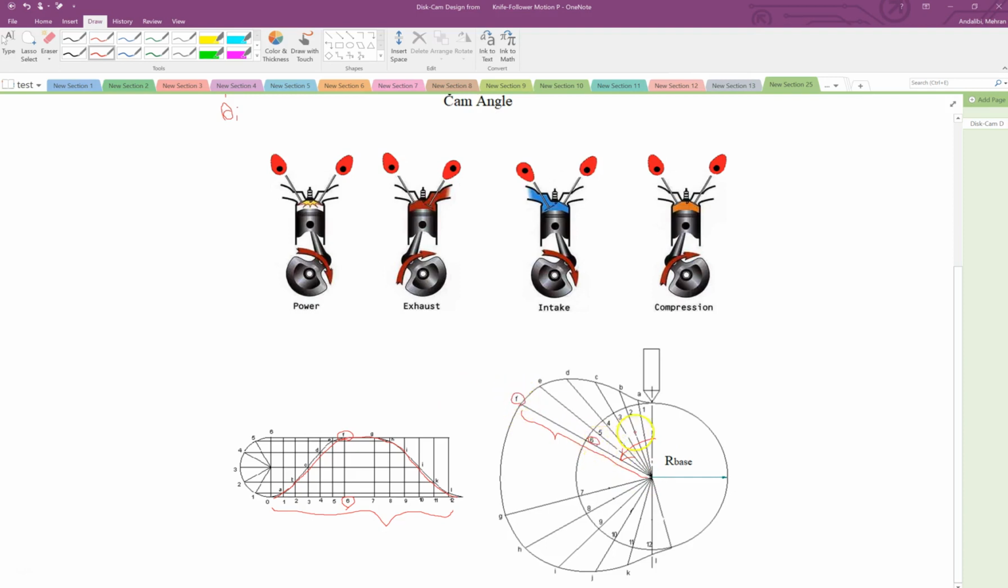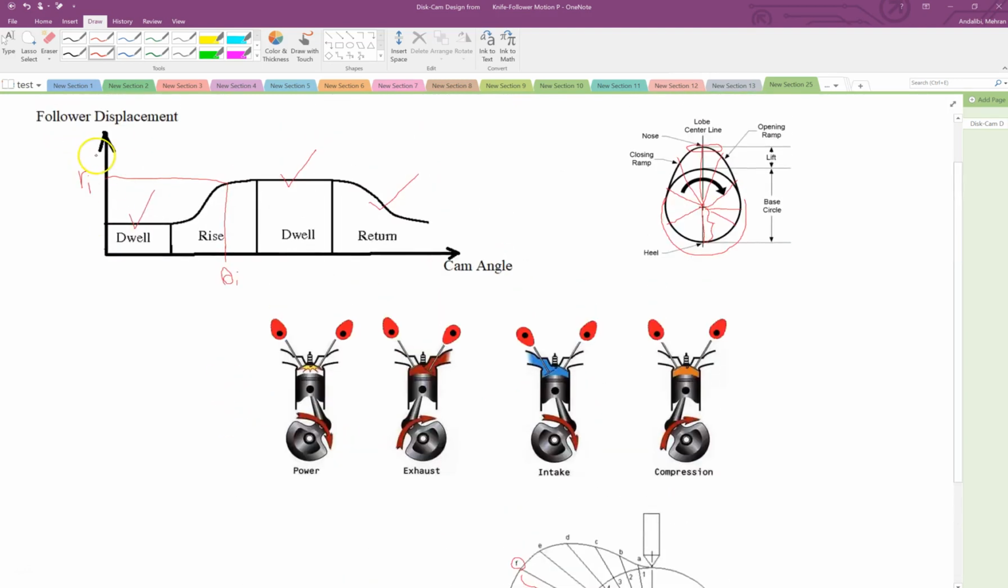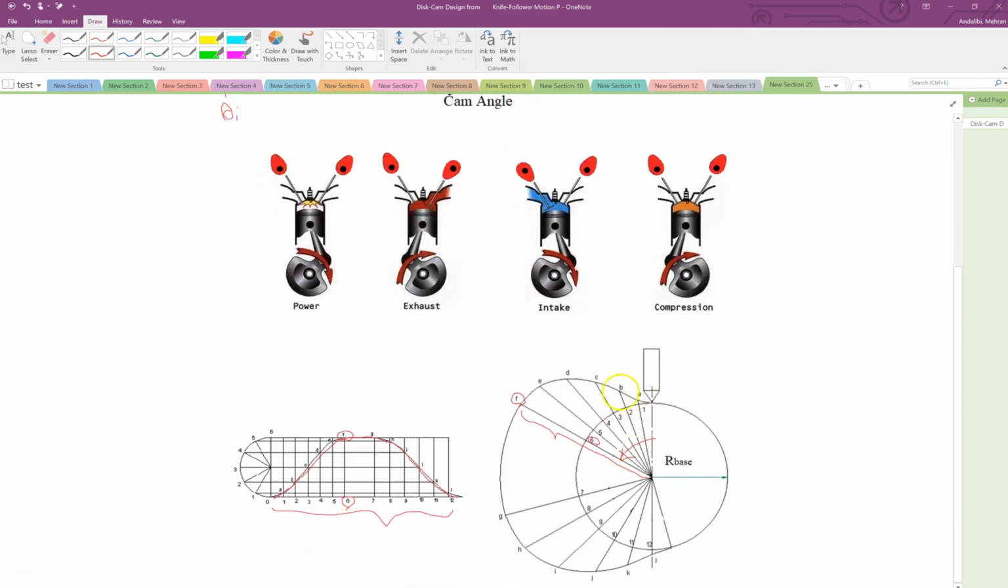At these different radial lines with different angles that are determined from the x-axis, you separate these radial distances that are determined by the y-axis, and then those endpoints you connect together. If you connect these endpoints together, then you will have the profile of your cam.